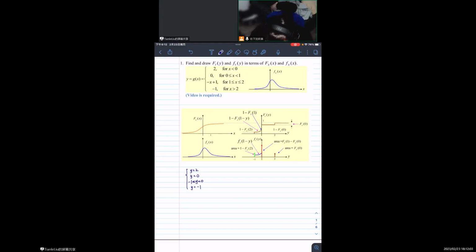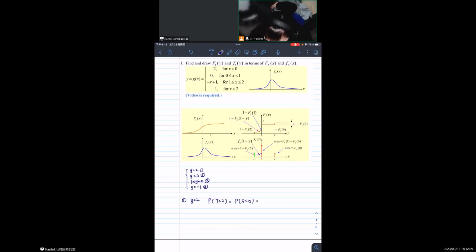So we can solve it one by one. Let's number it. For the first one, y equals 2, what is the probability function? The probability of y equals 2 is the probability of x less than 0, right?